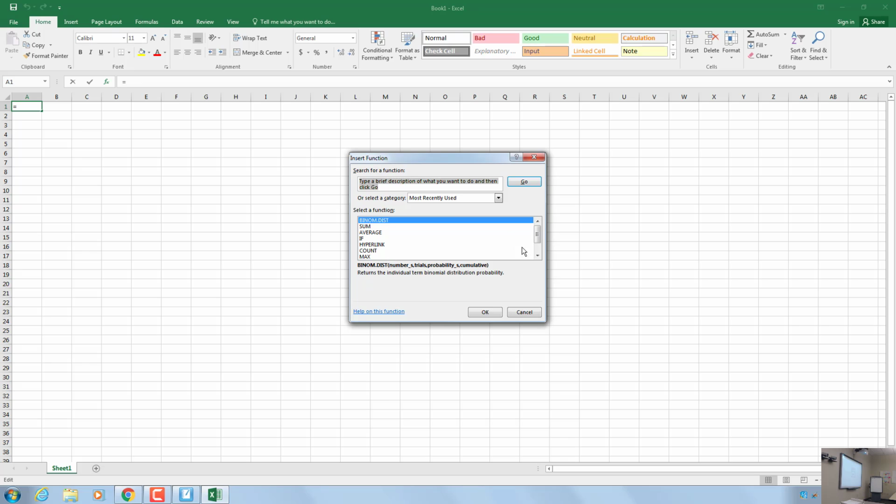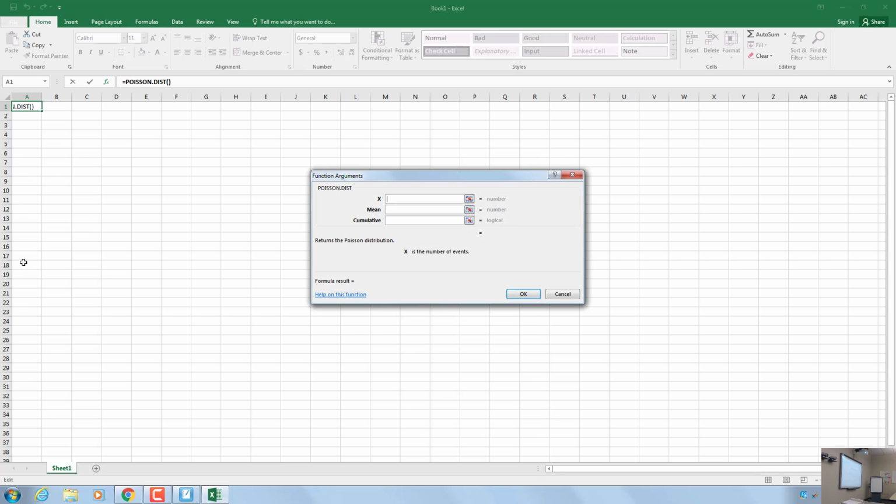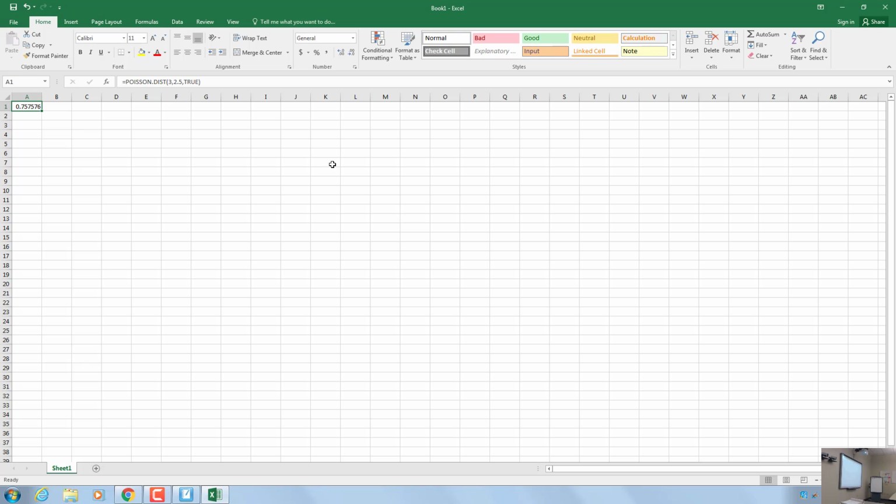So if you go into statistical functions, there is a Poisson distribution right there. It's a regular function, it just asks you for x, mean, and whether you want a cumulative. So the example we just did, x was 3, the mean was 2.5, and we said true to the cumulative, and there's the number that we just calculated a second ago.